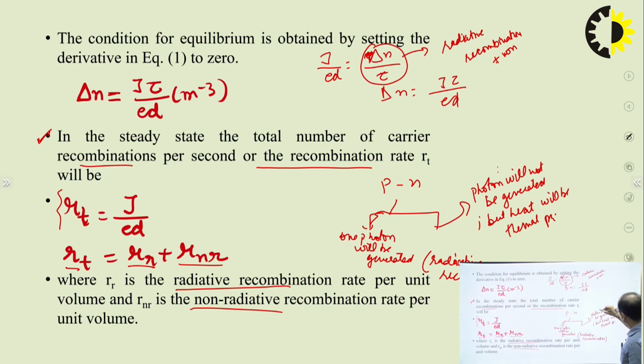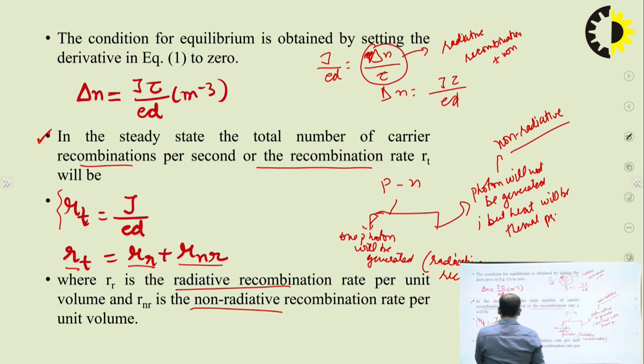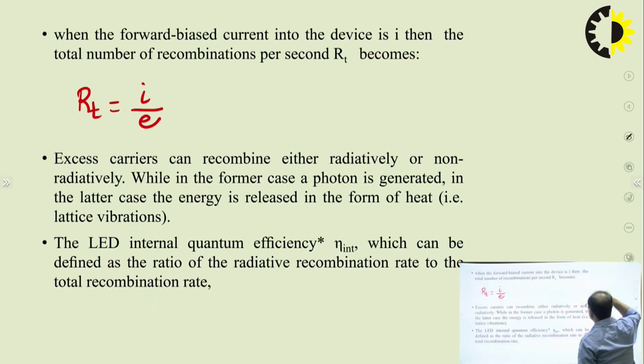That type is known as the non-radiative recombination. Clear? So the total recombinations will be equal to RR plus NR. This is radiative recombinations plus non-radiative recombinations per unit volume per second.